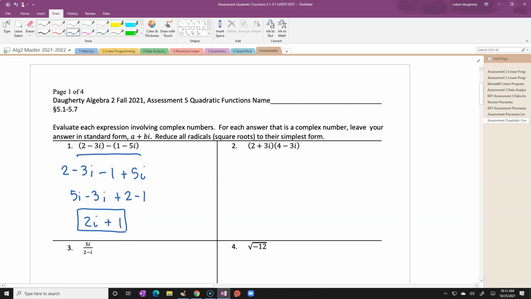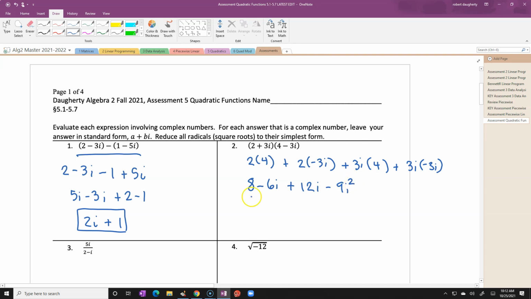Now is our multiplication. You multiply the first two terms together, 2 times 4. You multiply the outside terms together. You multiply the inside terms together. And you multiply the last terms together. You do all of that, you get 8 minus 6i plus 12i minus 9i squared.